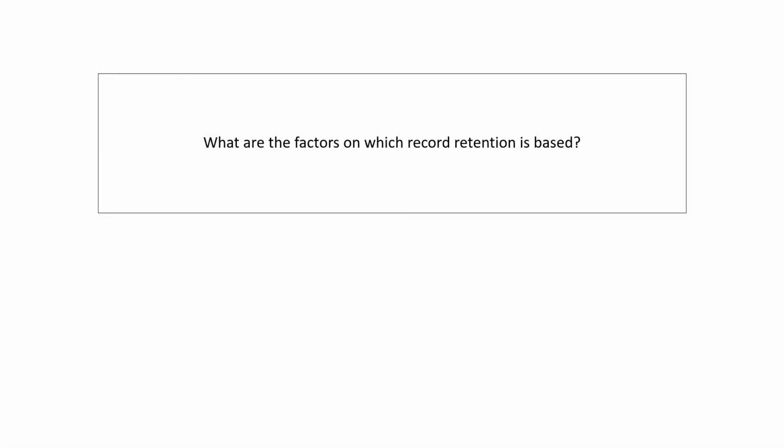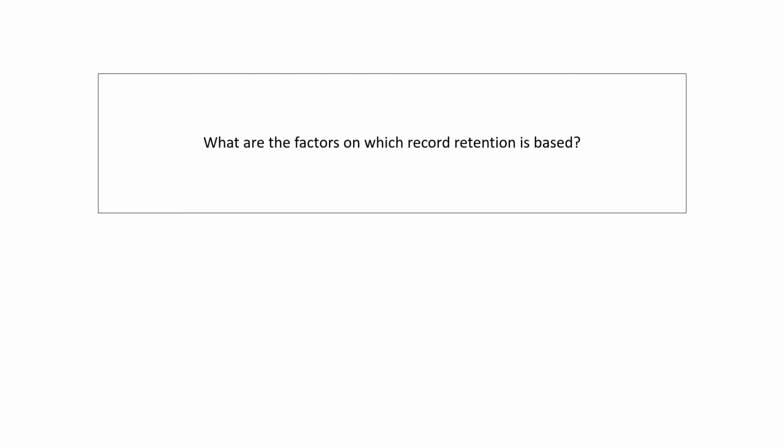What are the factors on which record retention is based? As we know, retention policy describes the terms of storage, backup requirement, access of the records, etc. So the question is, on what basis should all these requirements be derived?